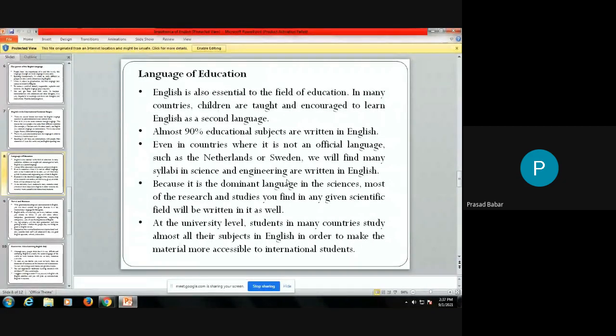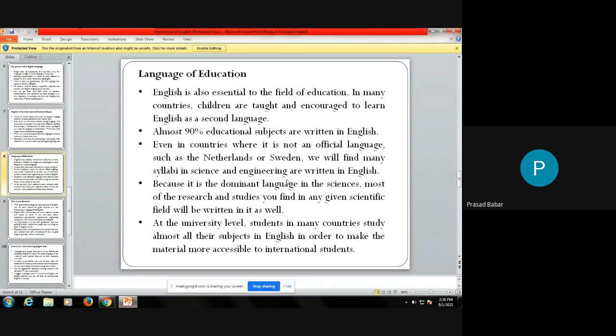Our university, Solapur University, is also offering you these engineering courses in English language only. They are not offering your engineering courses in Marathi or Hindi. Why is it so?